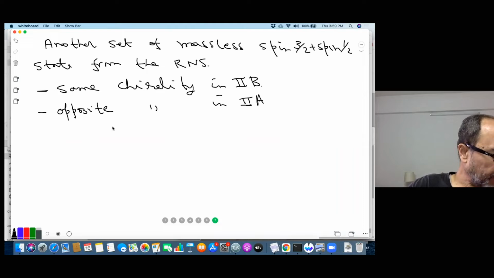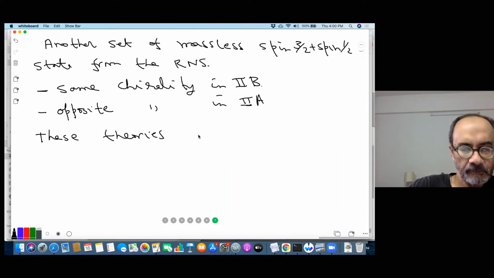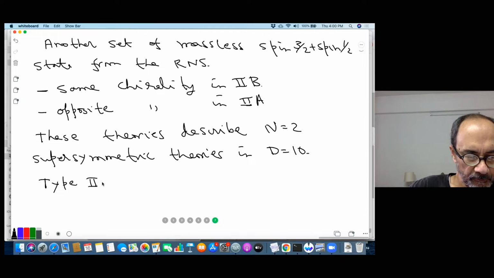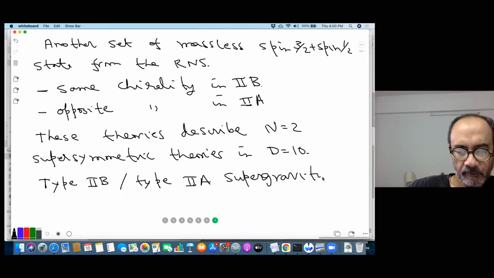And at the end, what one finds is that these theories describe N equal to 2 supersymmetric theories in D equal to 10, which are nothing but type 2B or type 2A supergravity, coupled to an infinite tower of massive states.